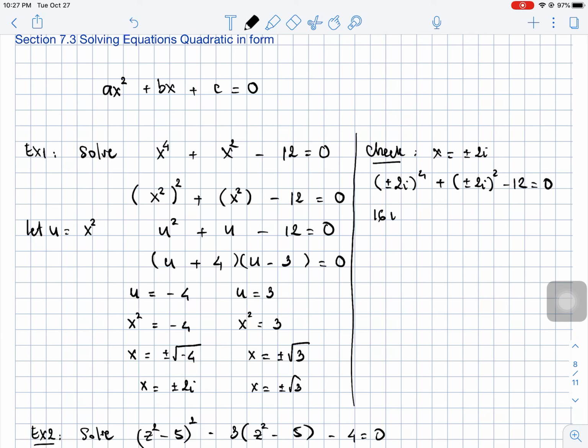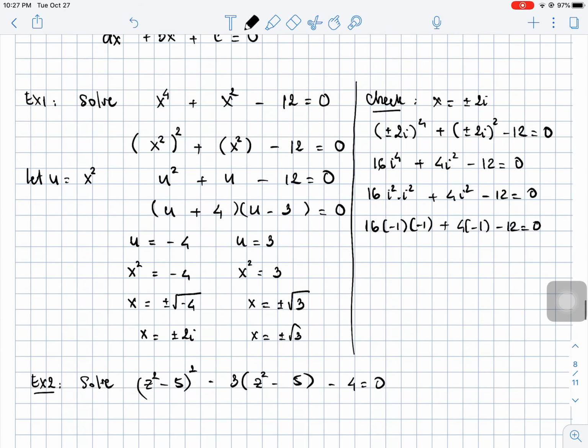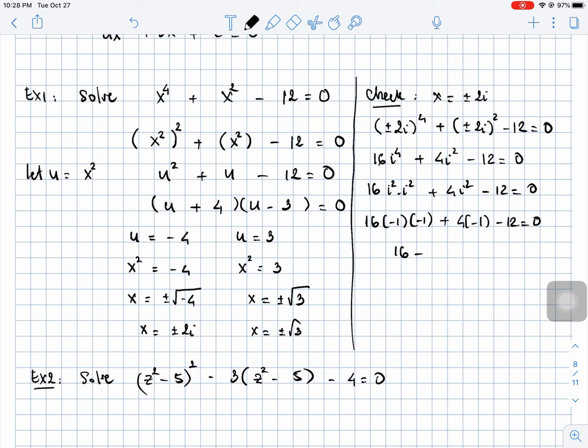Okay, so plus minus 2i to the fourth, plus 4 times plus minus 2i squared, minus 12 equals 0. So we will have positive, because negative 2 or positive 2 to the fourth is positive anyway. It means 2 times 2 times 2 times 2, and we got 16. 16 i to the fourth plus 4i squared minus 12 equals 0.